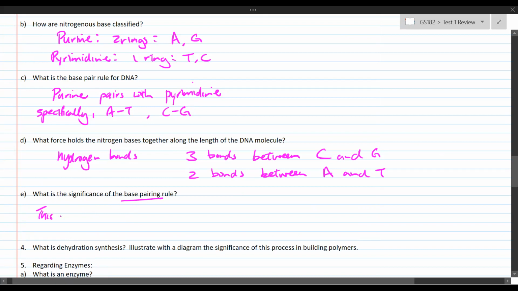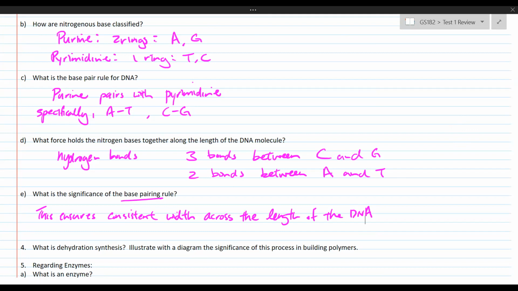So this ensures a consistent width across the length of the DNA. It's always the same width, which increases stability. I'm just going to pause for a second and let you catch up.